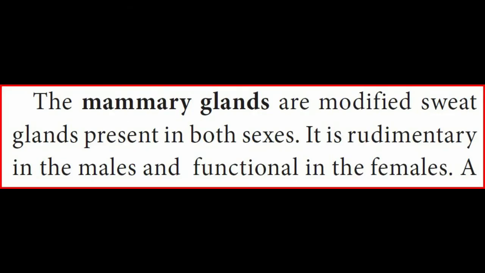What are mammary glands? Mammary glands are modified sweat glands. They are present in both sexes, but rudimentary in the male and functional in the female. Clear? The mammary gland is functional in the female alone. The mammary gland has an areola.